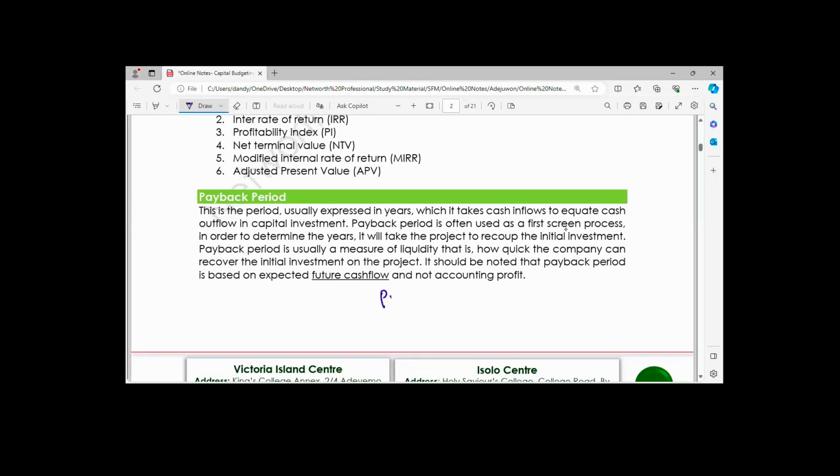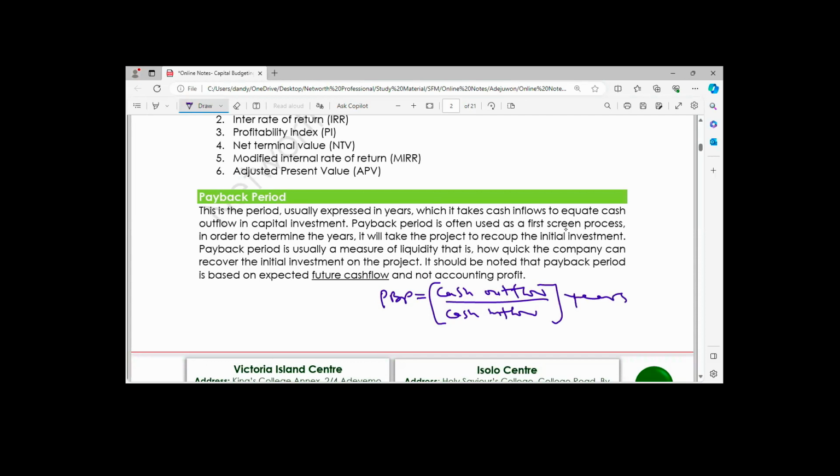In that case, payback period will be calculated as cash outflow divided by constant cash inflow. Of course, it must be expressed in years, because payback period is the period usually expressed in years in which it takes cash inflow to equate cash outflow in capital investment.